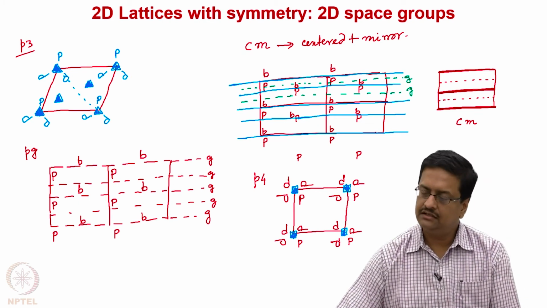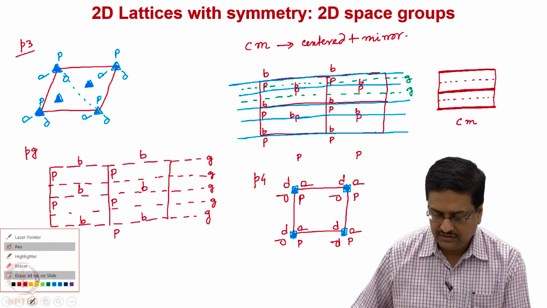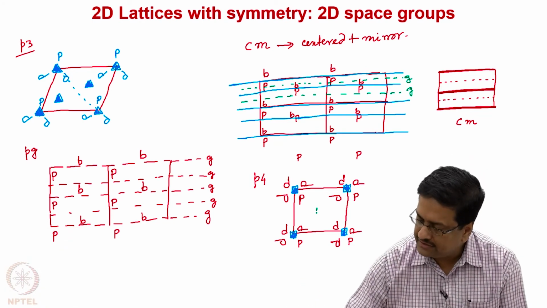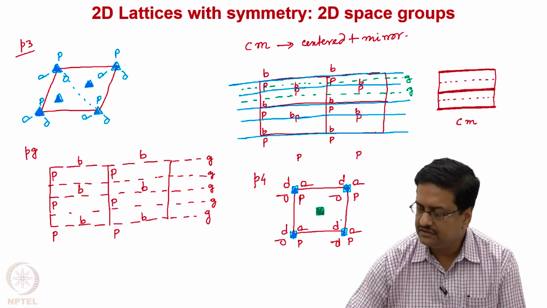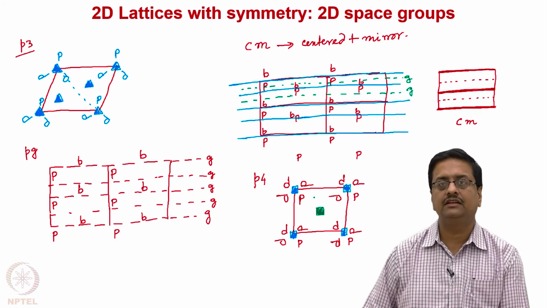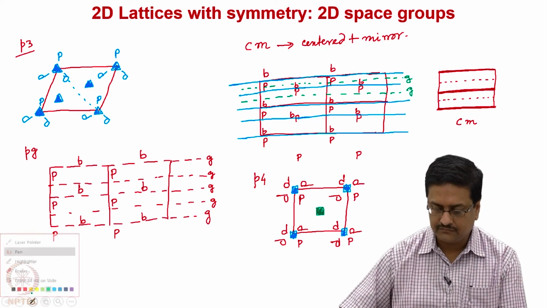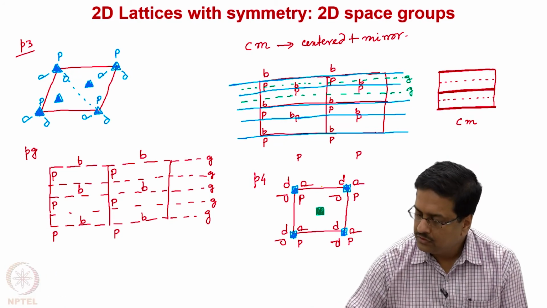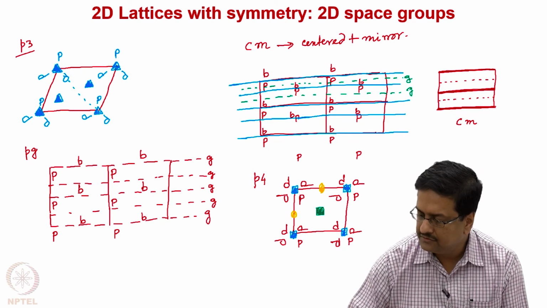So now as a result, you can see that a four-fold is generated at the center of this unit cell as well. The four P's inside the unit cell are related by a four-fold symmetry, and further there are two-folds which got generated at the middle of the edges.